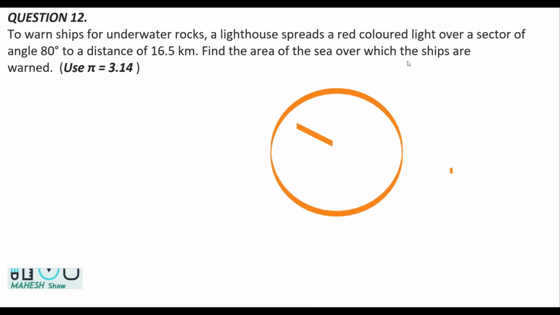So let's say I'm going to take a circle and then I'll join this center with this, and join with the other side, right? Now you can see that the area covered here is in the shape of a sector.